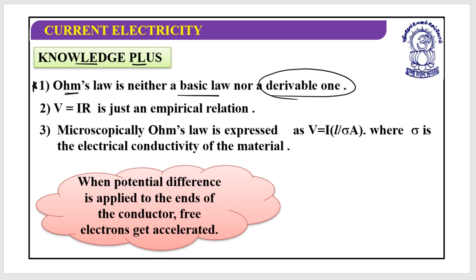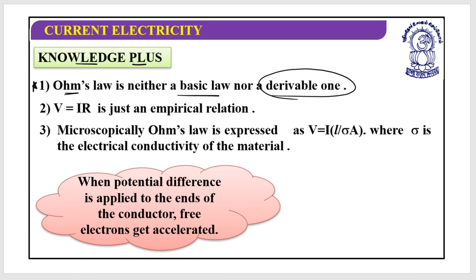They are basic laws. They are applicable to every object that exists on the earth. That kind of law, which can be applied to each and every object on the earth, can be considered a basic law. This is not the case with Ohm's law.